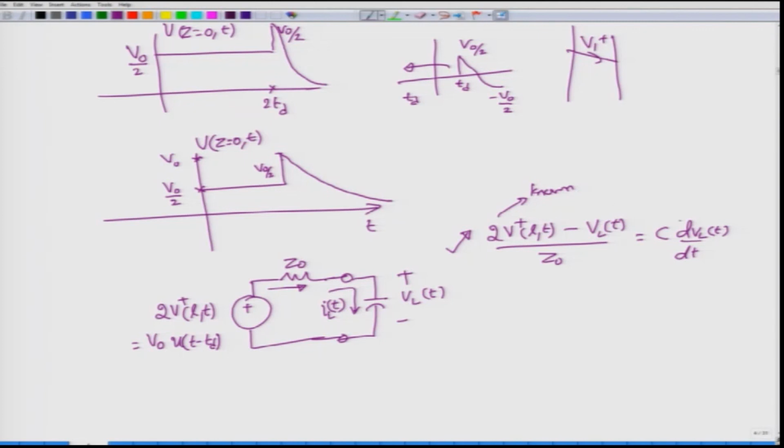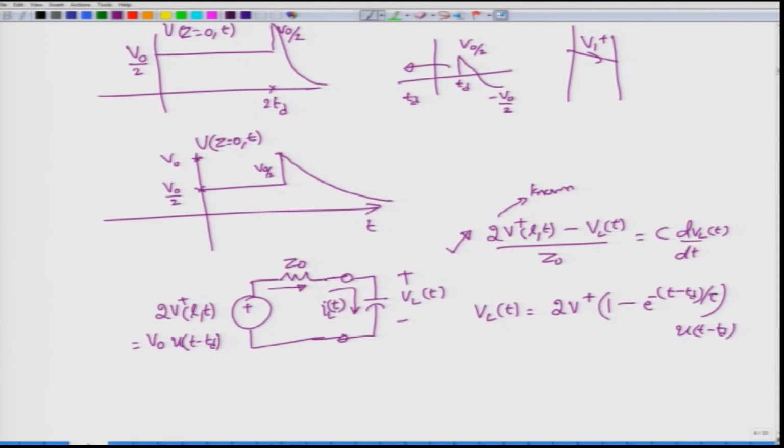Solve for the voltage VL, and you can see after solving, this will again be exponential, right? It would be 2V plus times 1 minus e to the power minus (t minus Td) by tau, times u of t minus Td. Okay, why is this making sense? It makes sense because a capacitor, which is initially uncharged, will appear like a dead short here.